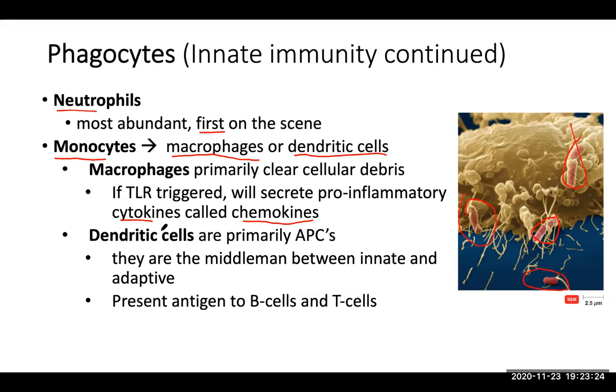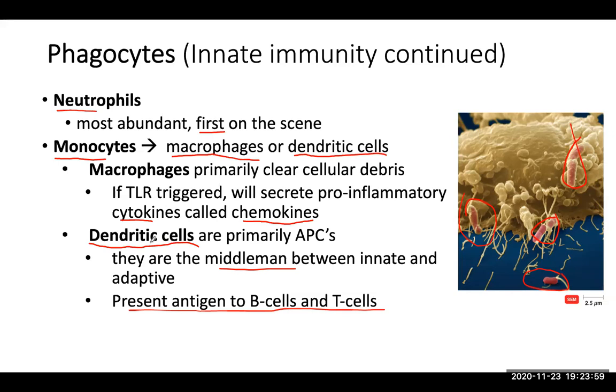If it becomes a dendritic cell instead, this is useful because dendritic cells are what we call antigen presenting cells. They present antigen to the adaptive immune system. So we call dendritic cells the middleman between innate and adaptive, because they are not doing anything specific, right? They don't know when they take up a pathogen what kind of pathogen it is.